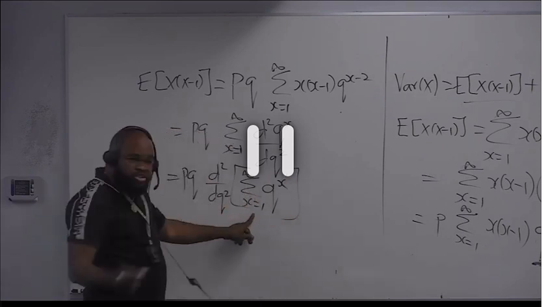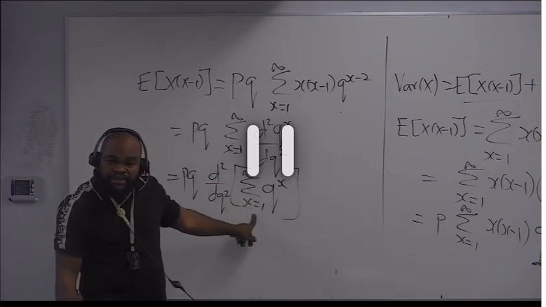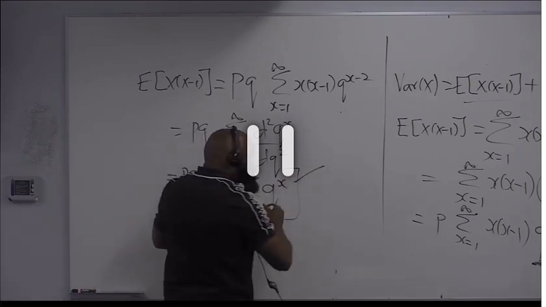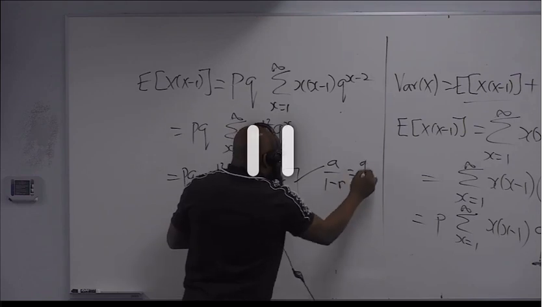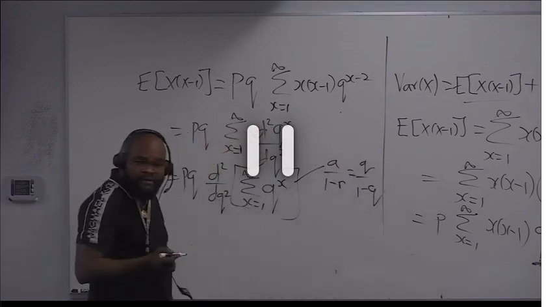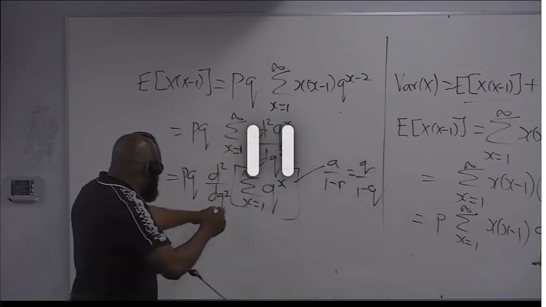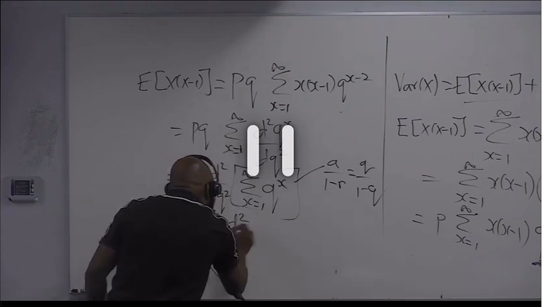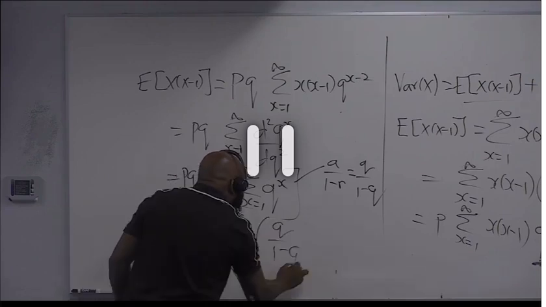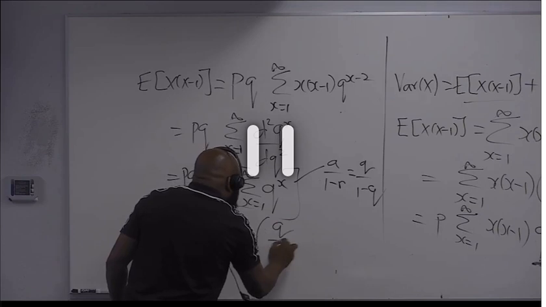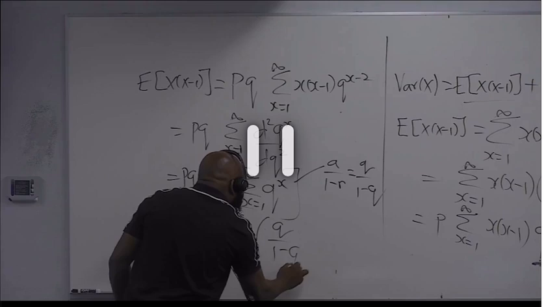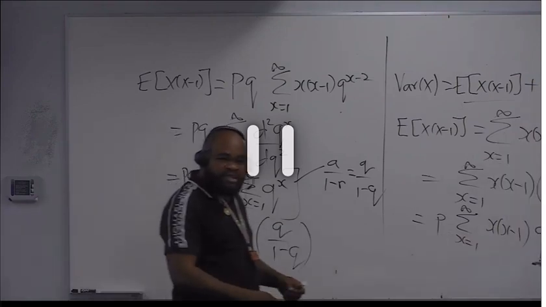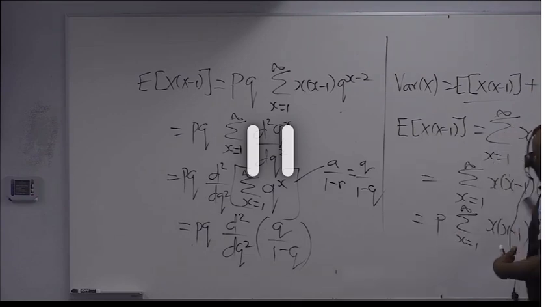Summing Q raised to the power X to infinity is a geometric series, so using a over 1 minus r it's going to be Q over 1 minus Q. Now I'm going to differentiate this one time, then a second time, because of the second derivative.